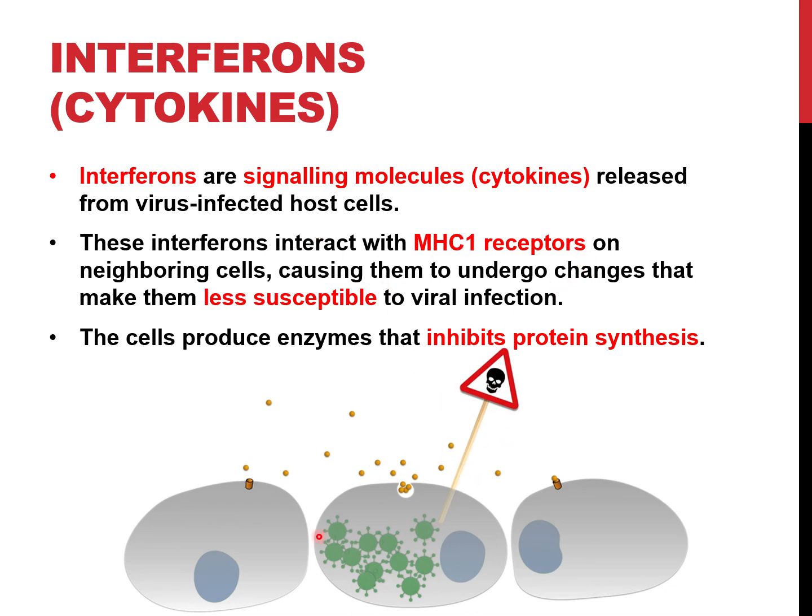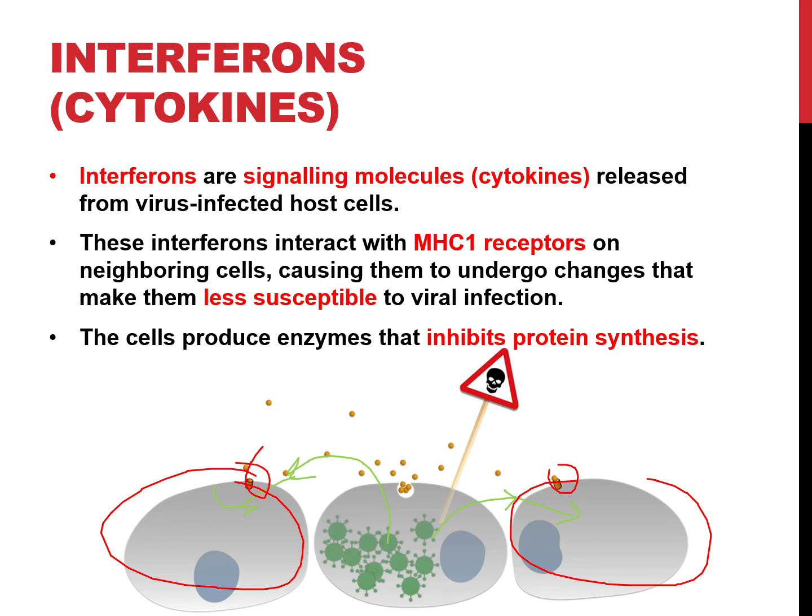If a cell has been infected, okay, and if that cell's infected by some sort of virus, once that bursts, which it will do, all right, these viruses will spread out and try to get into neighboring cells. All right, that's what they do. And in that case, these neighboring cells, they have interferons which come in, as you can see, and they interfere with the protein synthesis of that cell.